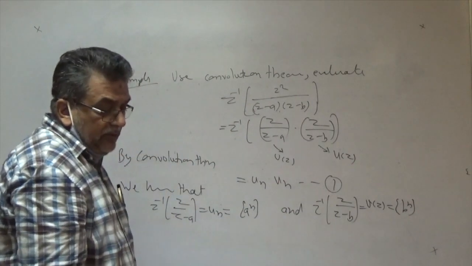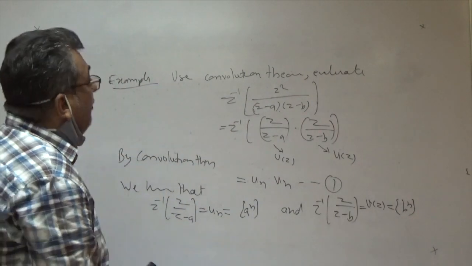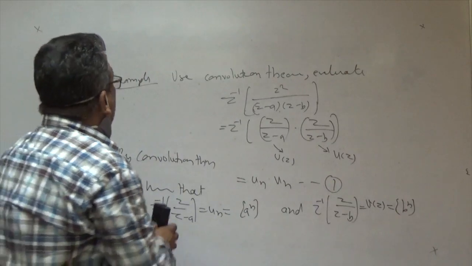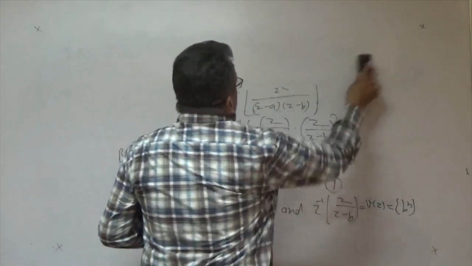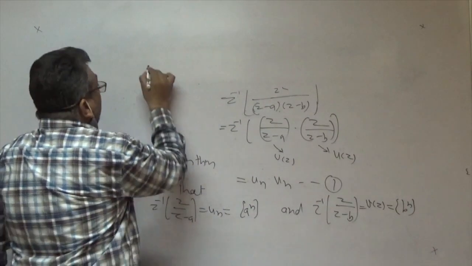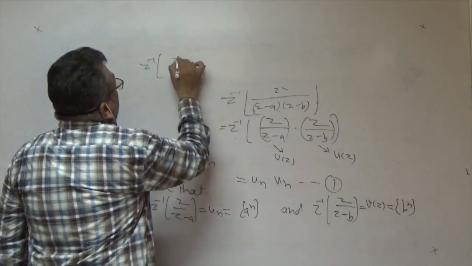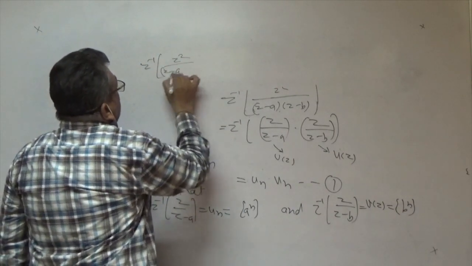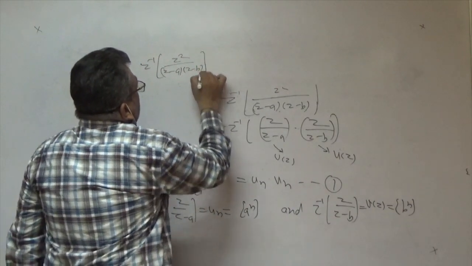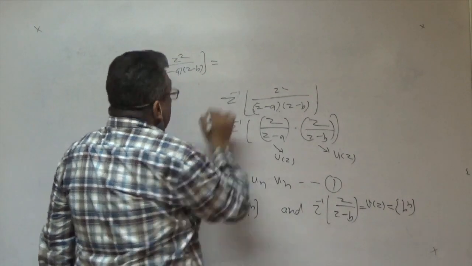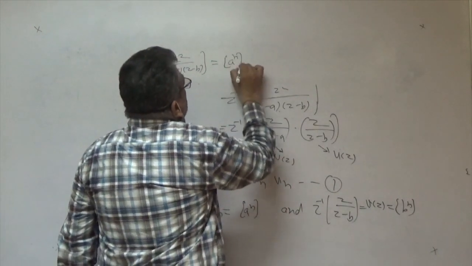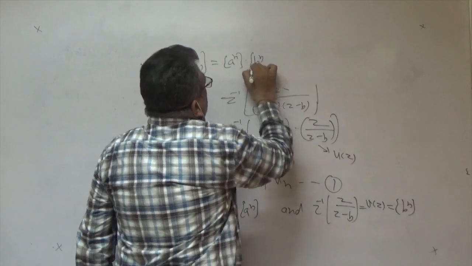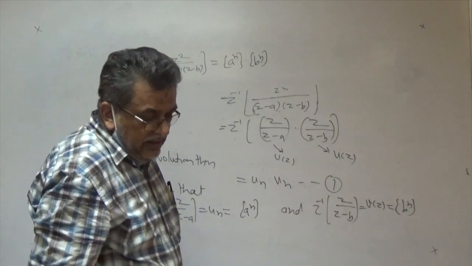Now, simply substitute these values in equation number 1. We have the inverse Z transform of Z square upon (Z minus A)(Z minus B) is equal to A to power n sequence into B to power n sequence.